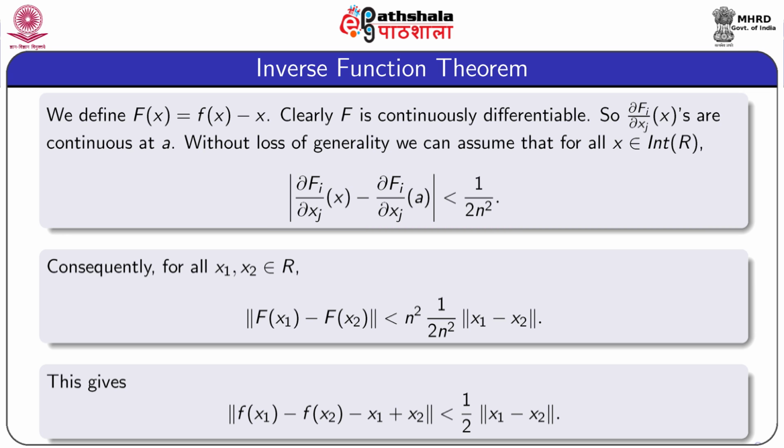Consequently, for every arbitrary x1 and x2 from R, the norm of F(x1) minus F(x2) is less than n² multiplied by 1 upon 2n² times the norm of x1 minus x2, by the lemma we have just proved. This gives the norm of f(x1) minus f(x2) minus (x1 minus x2) is less than half the norm of x1 minus x2.